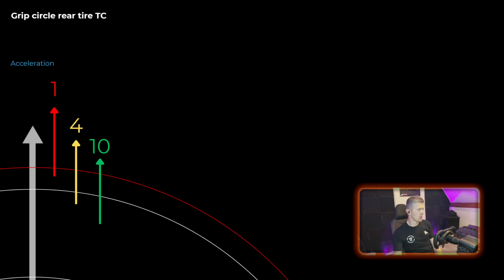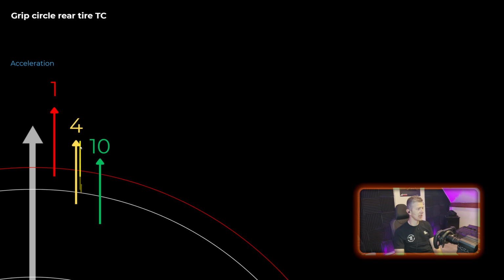So this is the normal TC. Imagine we hit the throttle and we have high TC. With high TC, when we're approaching the end of the grip circle, so we lose control, it is already being triggered and triggered and triggered through this whole line. So it will trigger at this point. When we have 4, it's going to trigger later. So if we're already here, we are more outside of the grip circle.